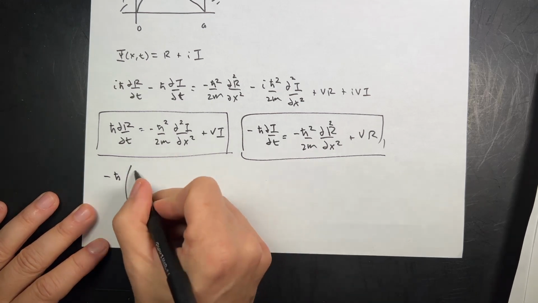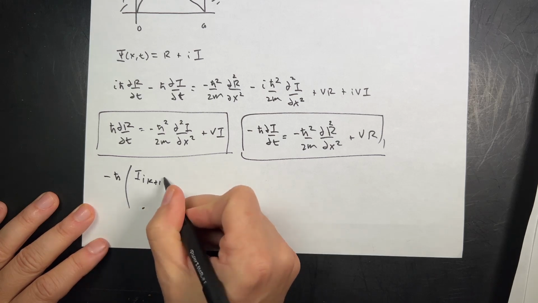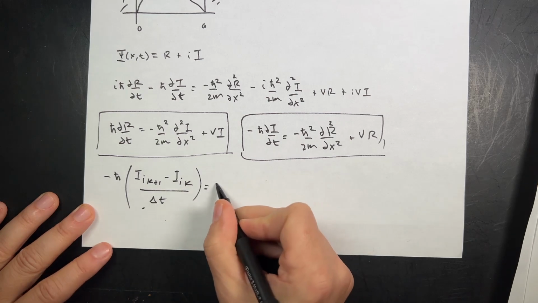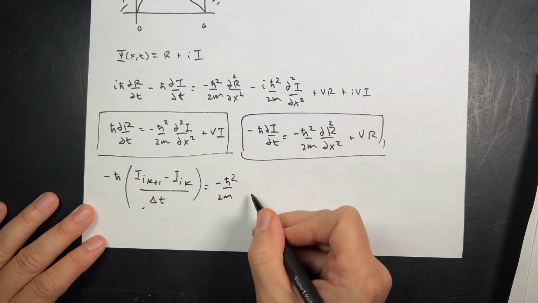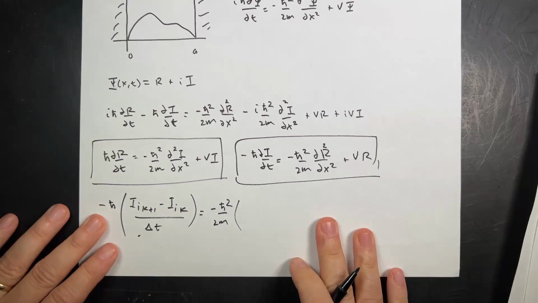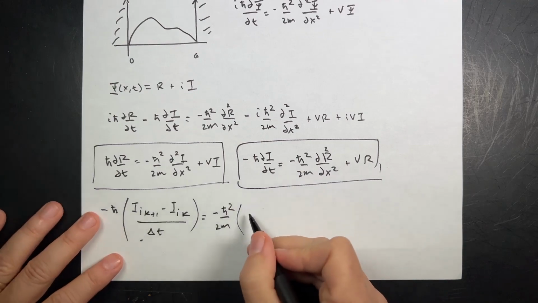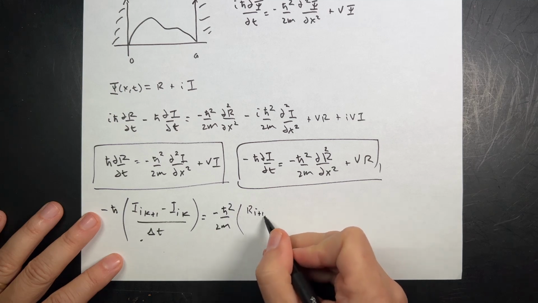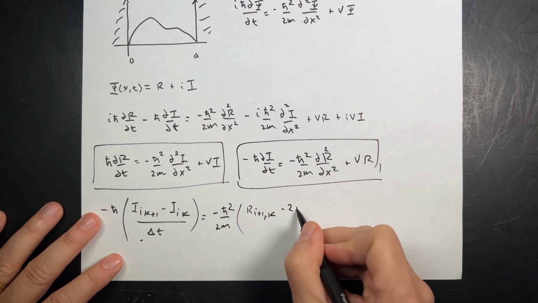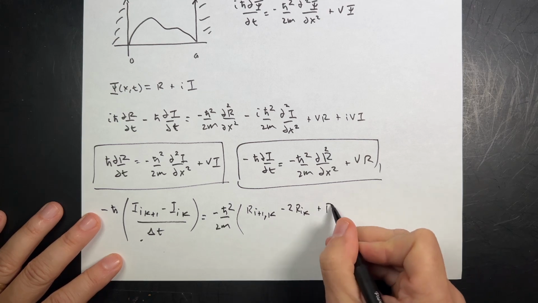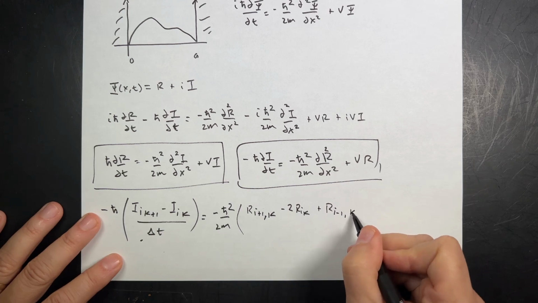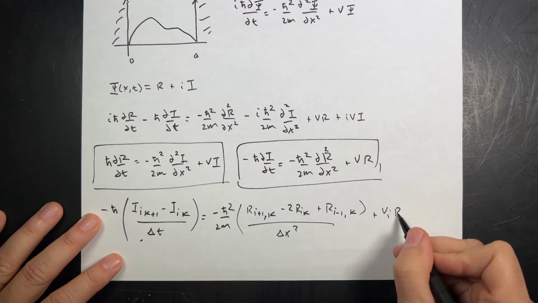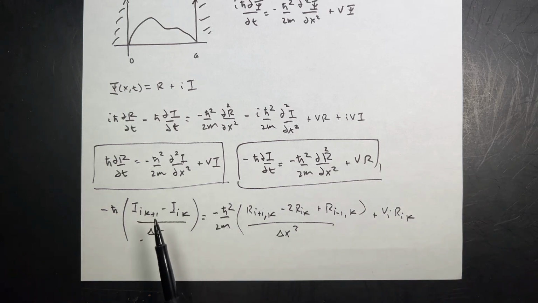I get a partial, it's going to be i_i^(k+1) minus i_i^k over delta t equals negative h bar squared over 2m, and then I have the finite derivative, r_(i+1)^k minus 2 r_i^k plus r_(i-1)^k, all of that over delta x squared, plus v_i r_i^k.